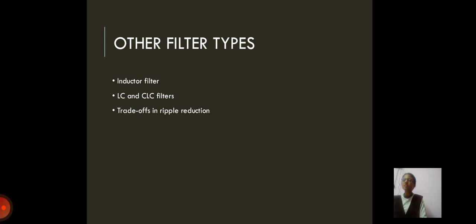Here CLC is more effective than the inductor filter, capacitor filter and LC filter. Each has its own advantage.